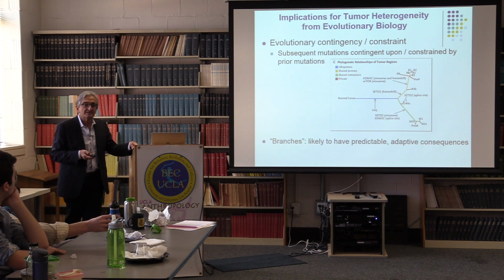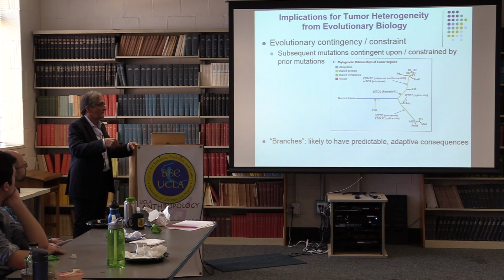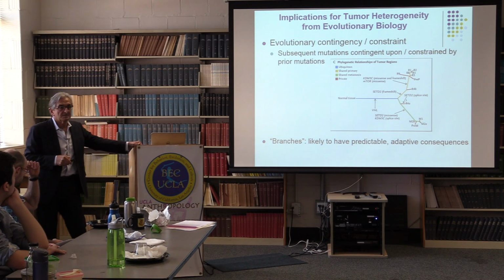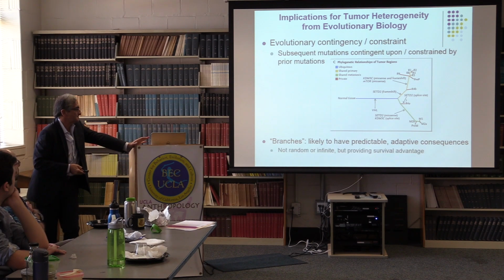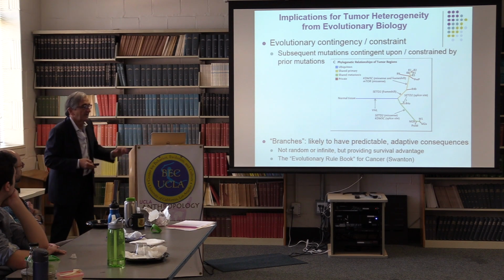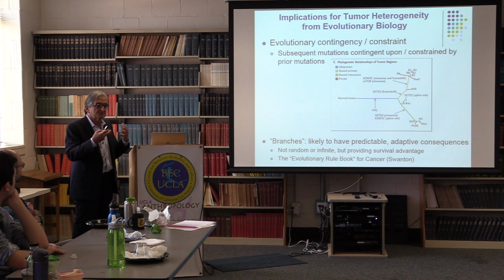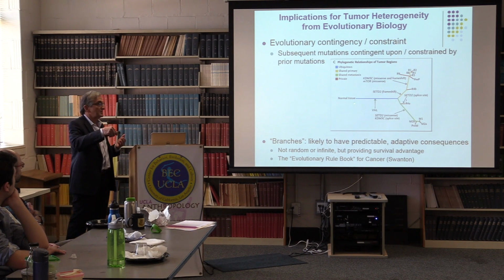And the branches are likely to have predictable consequences, because if all of the branches that came off of this first trunk required the same mutation, the same gene to be mutated, that must be solving a fundamental survival problem that's helping adaptation. So it's not random or infinite, it's providing a survival advantage, and we are starting to generate an evolutionary rule book. Which branches go with which trunks?